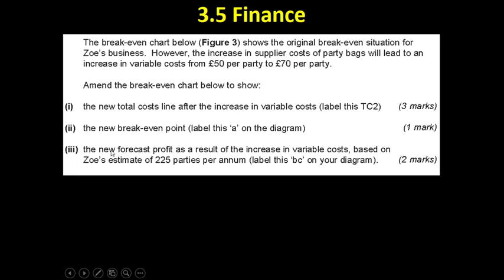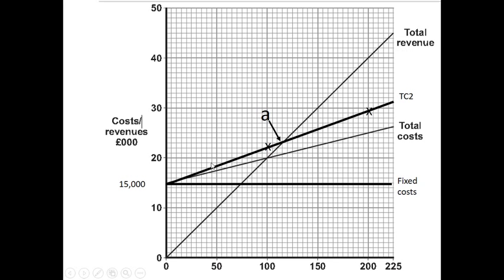I now need to amend the break-even chart to show the new forecast profit as a result of the increase in variable costs based on Zoe's estimate of 225 parties per annum. So, this is where I am. Zoe thinks she's going to get 225 sales per year. That is going to give her a total revenue up here, a total costs down there.